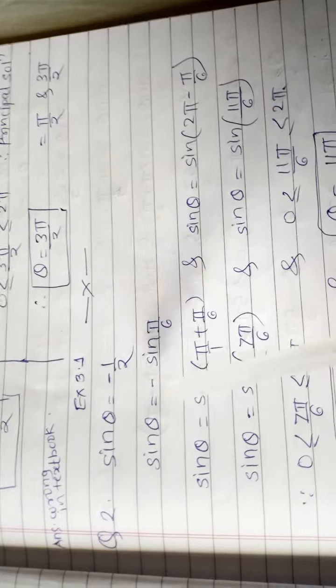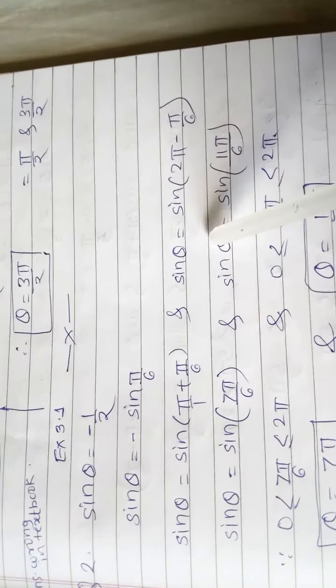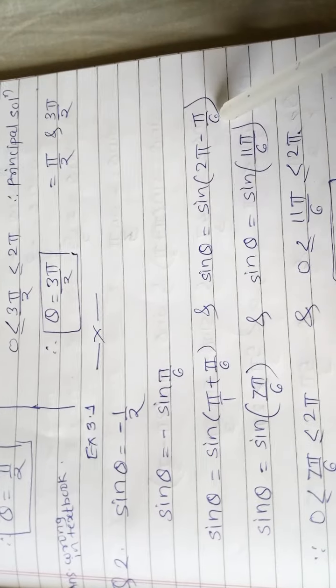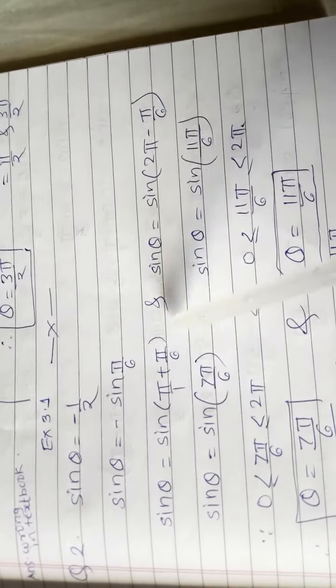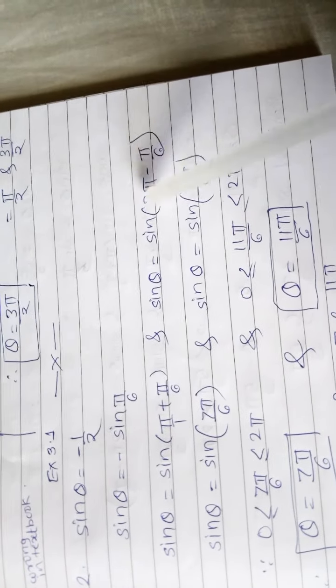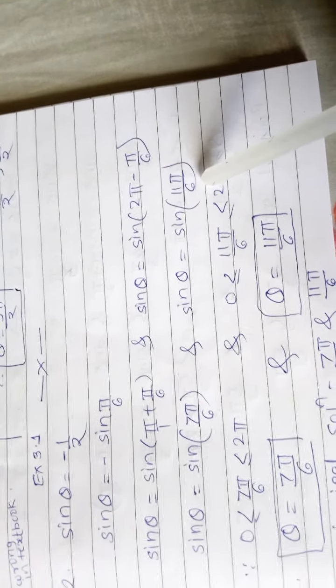Here we don't have to write the minus value because we have taken the positive value. Next one, the second is 2 pi minus theta. So 2 pi minus pi by 6, and by solving this we get 7 pi by 6, and here 6 twos are 12 minus 1, that is 11 pi by 6.